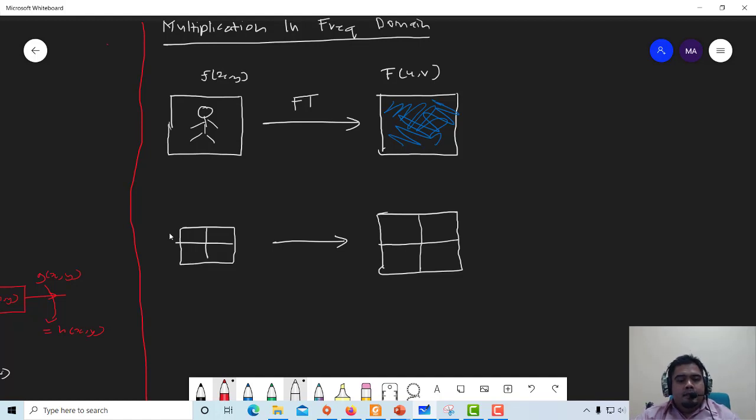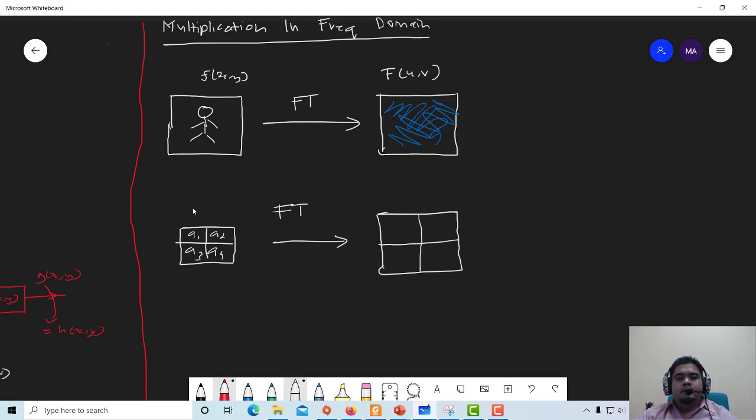So let's say this is your image matrix. If you talk about a small image, it is a 2x2 matrix image in the spatial domain. Of course you have numbers here, which I just put as A1, A2, A3 and A4. If you apply the Fourier transform, it is similar to what happens in a one-dimensional signal.